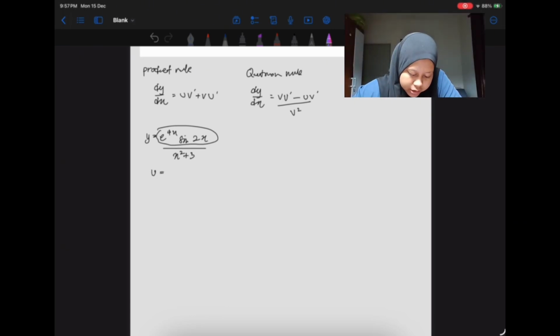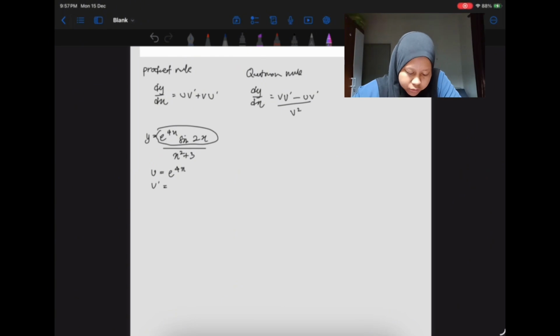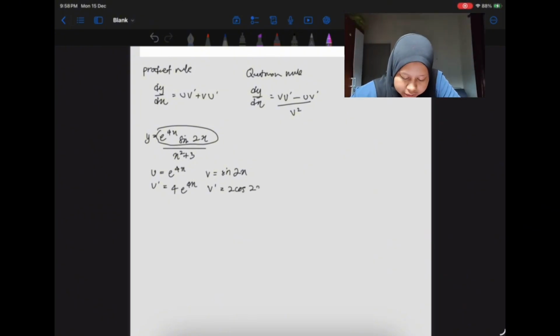For u equal to e^(4x), u' equals 4e^(4x). For the next step, v equals sin 2x, and v' equals 2 cos 2x, because the derivative of sine is cosine.